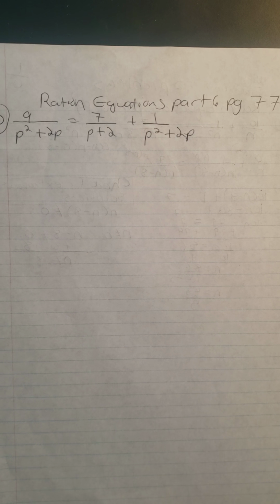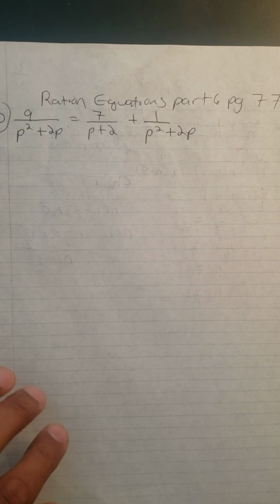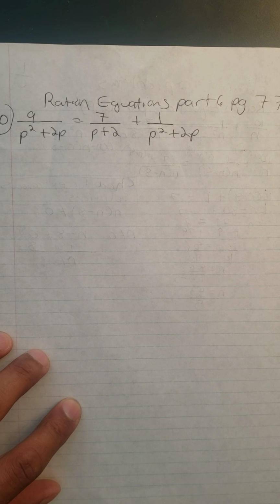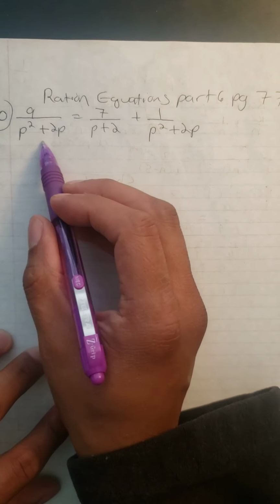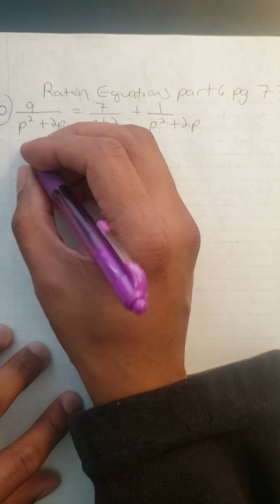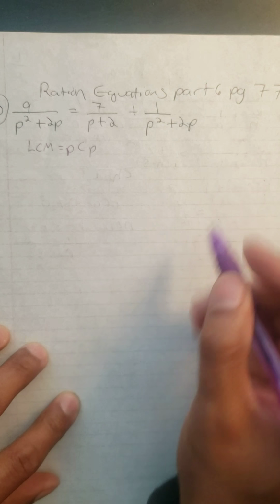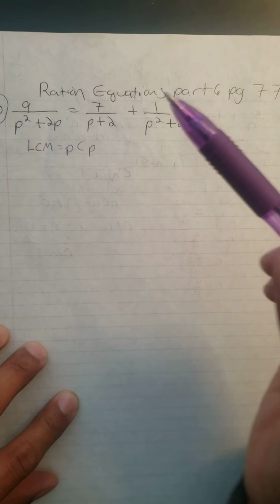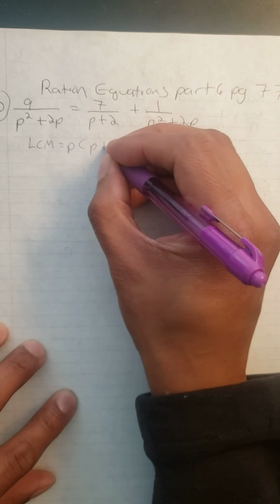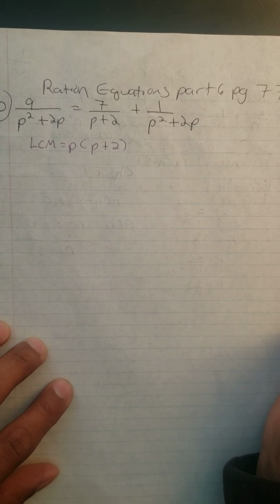I want my LCM here. Here I want to factor out a P. If I factor out P, I'm left with P plus 2. So there's my LCM.